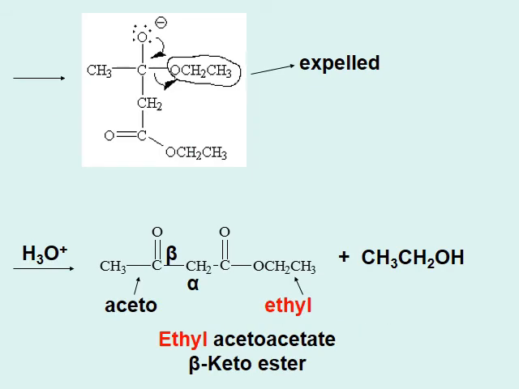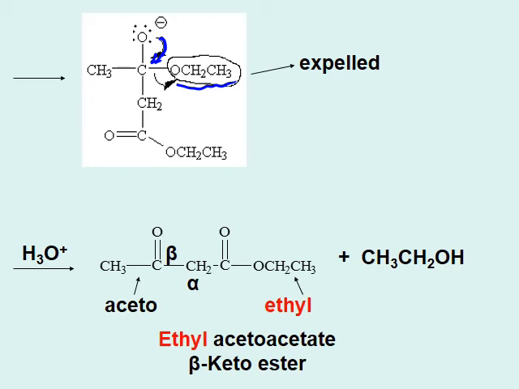Now here, that's what you had in the previous slide, and this electron pair tries to make the double bond. Again, in order to maintain 4 bonds around carbon, the OCH2CH3 group will have to be expelled, and it goes back to the solution.